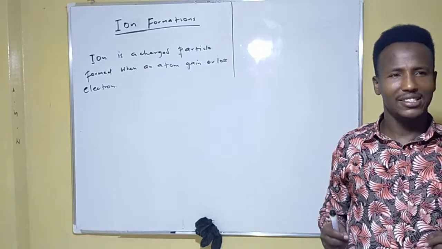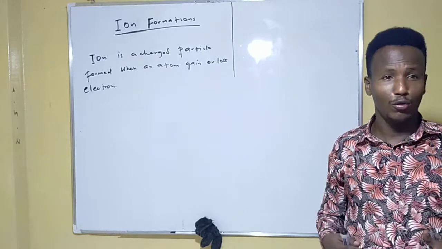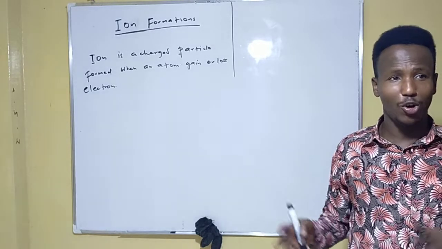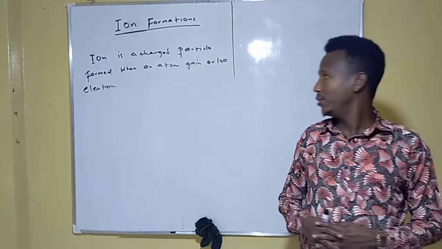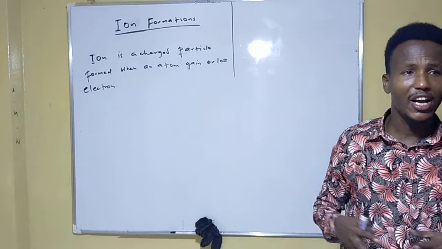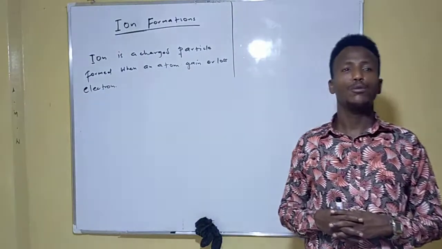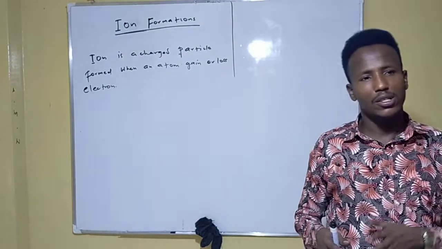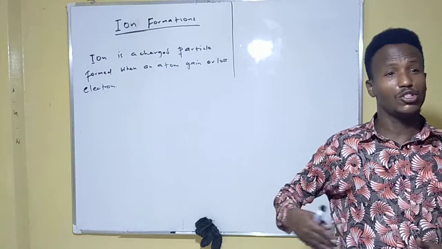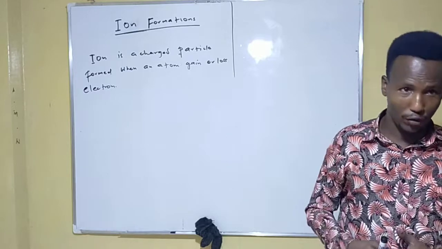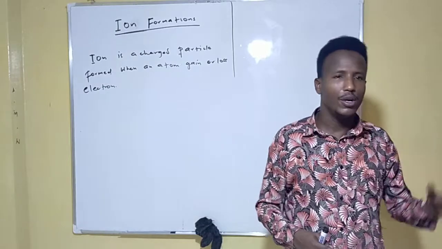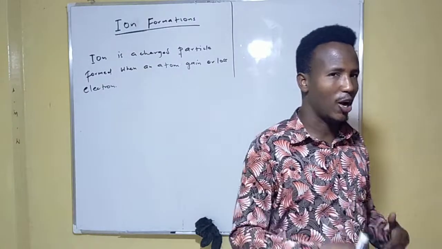So let's discuss at length the types of ion formed by an atom when it either gains or loses electrons. The first type of ion is what you normally call a cation. A cation is a positively charged ion formed by metals when they lose the valence electron or electrons in their utmost energy level.